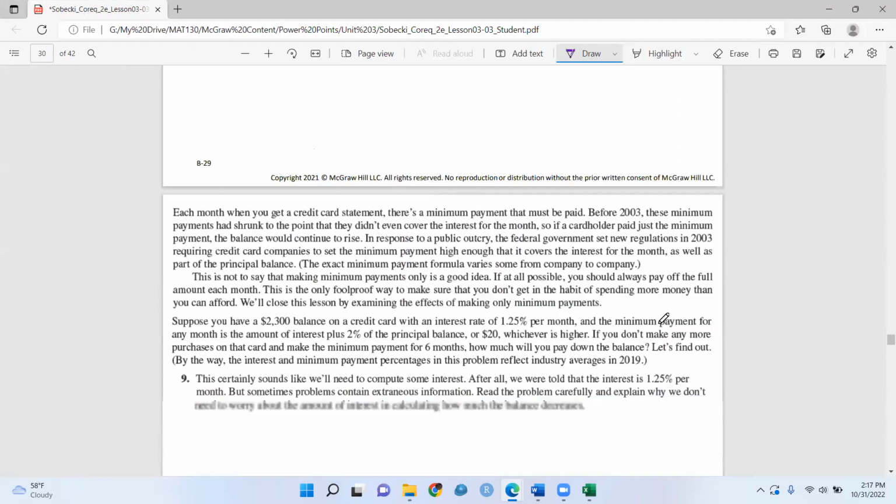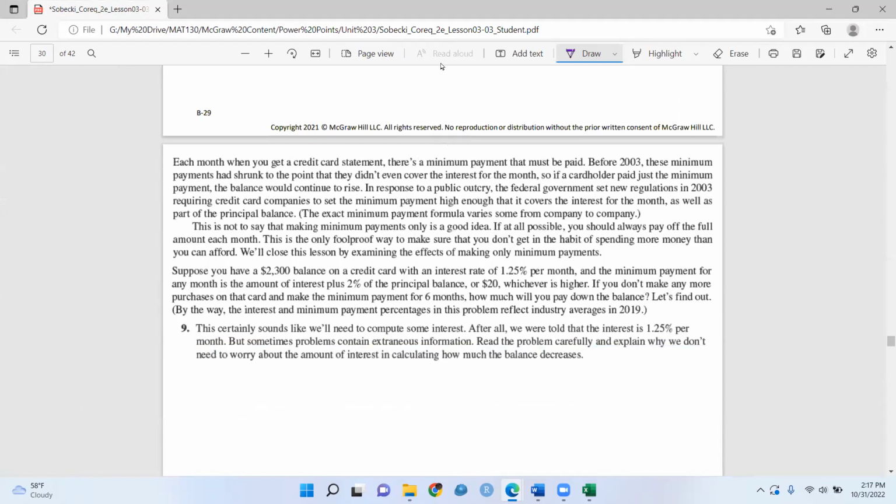All right, so the big deal here is how do we get rid of this interest? Like how do we pay off these credit cards? So you probably know, if you have a credit card, that there's always a minimum payment. It used to be that minimum payment could be whatever the credit card company wanted to set it to be.